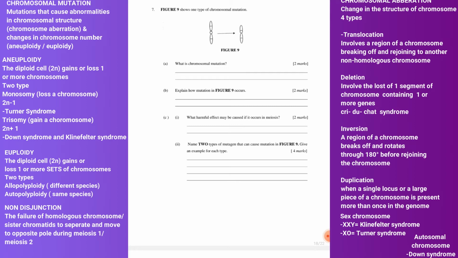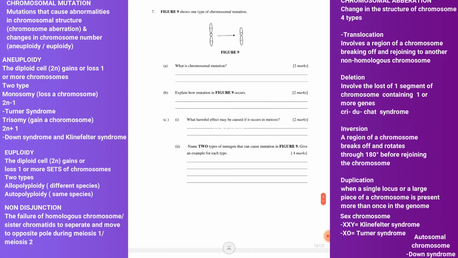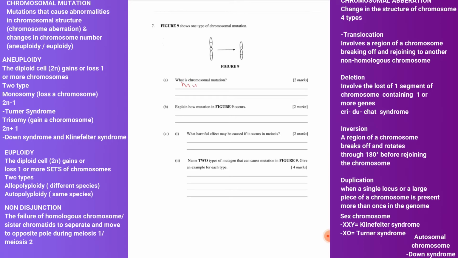Chromosomal mutation can cause abnormalities in structures of chromosome, which we call chromosomal aberration, or changes in chromosome number, either aneuploidy or euploidy.